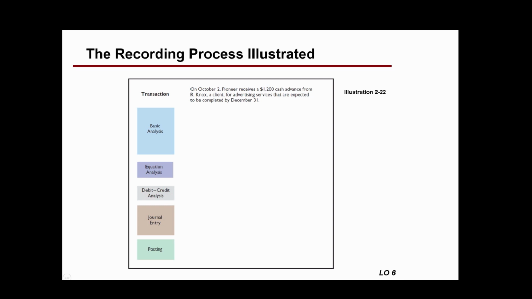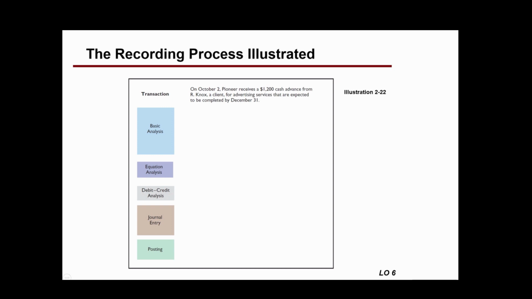So Pioneer receives a $1,200 cash advance from a client. So they received cash in advance for advertising services that they will be performing in the future, not now. What are the accounts that are involved? Again, we have to analyze the transaction. What happened here?